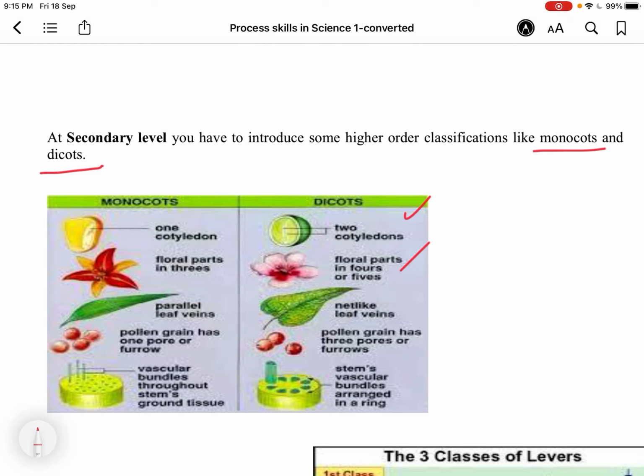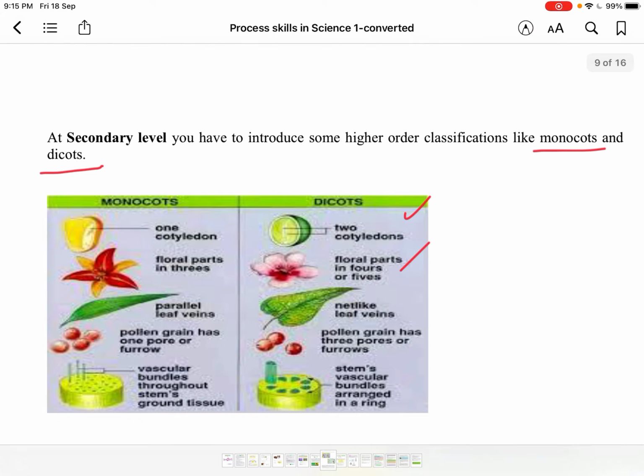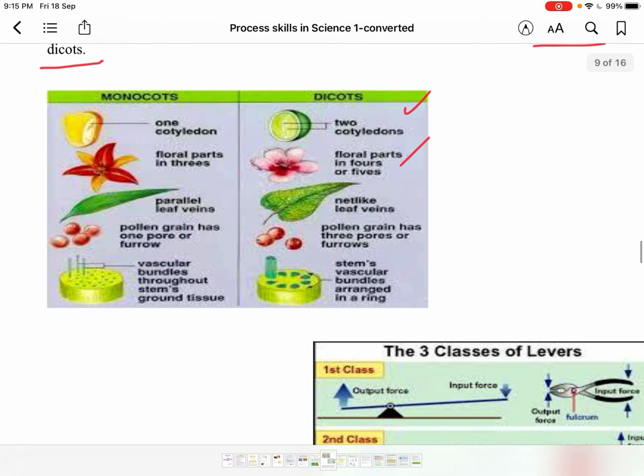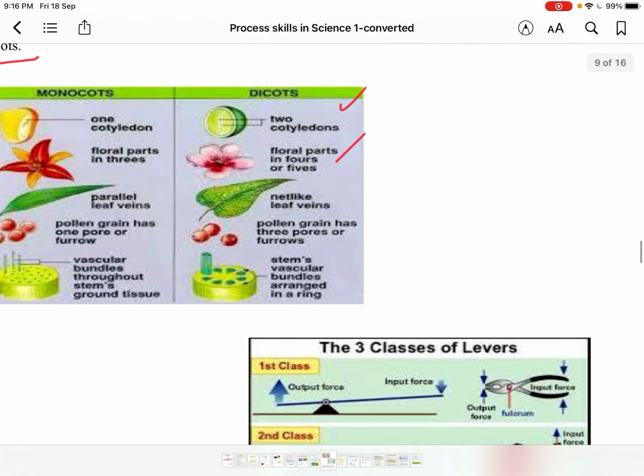This type of plants have 3 petals, multiples of 3. And similarly, leaf wise, venation wise, monocot and dicot are different. And pollen grain wise, their pollen grain structures also vary. Like that we can teach. This is a detailed classification about the monocot and dicot.